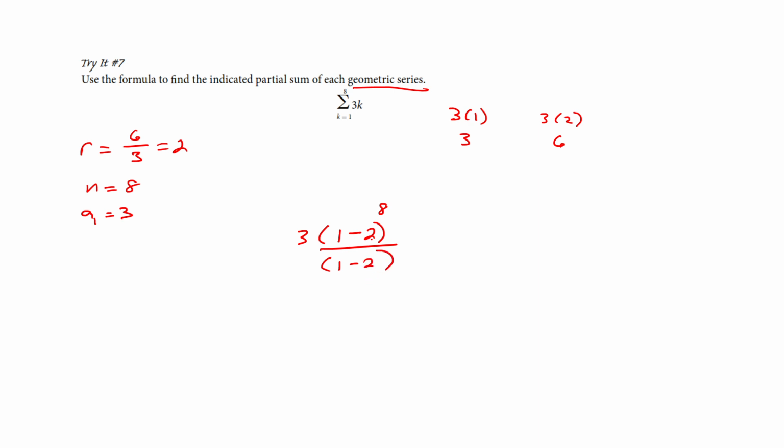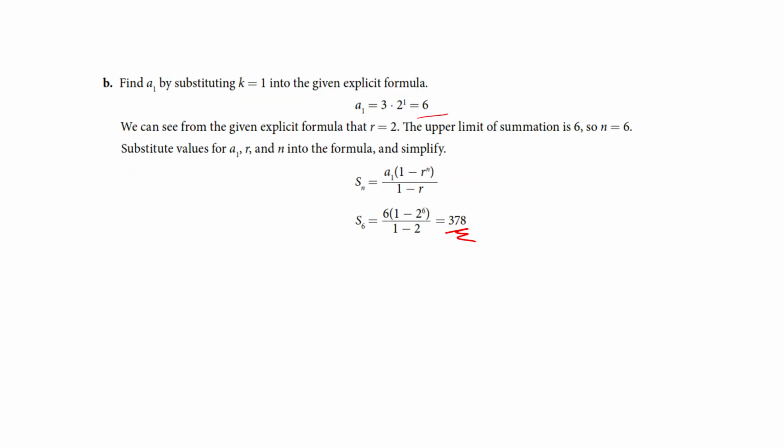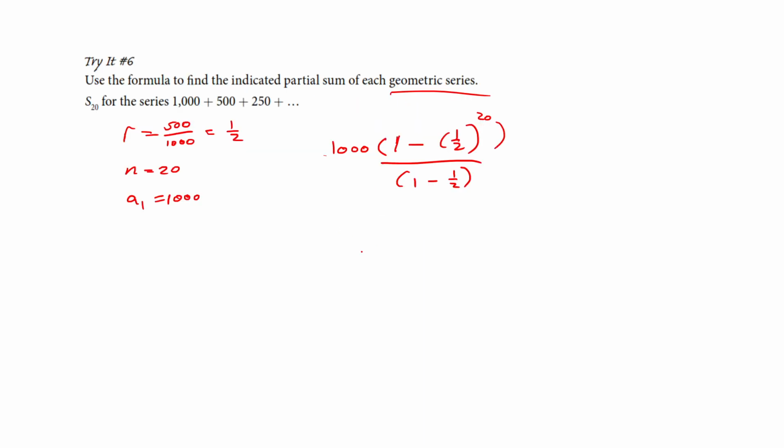Okay, crunch this down. Remember, you're going to do the -1 to the 8th power divided by -1 first. That's what you're going to start with. Oh, hold on. Let me check that I'm doing something right. No, I said this wrong. I'm sorry. This division bar carries all the way over here. So to finish this one, we would have done the entire top to the 20th power times the 1,000 and then divided it by the 1 minus 1/2.